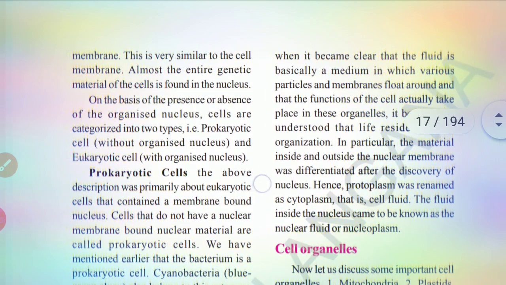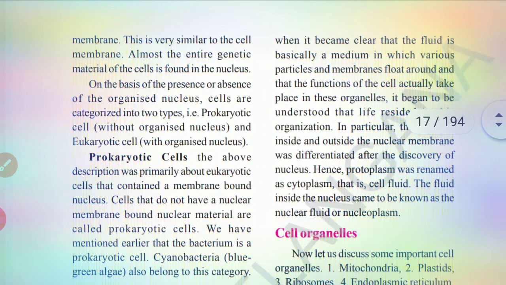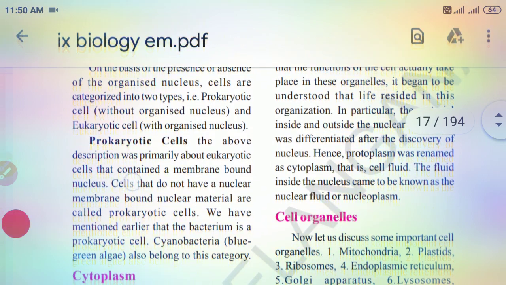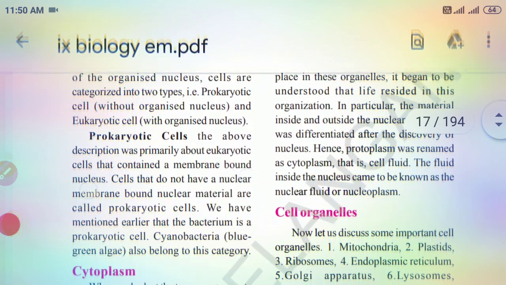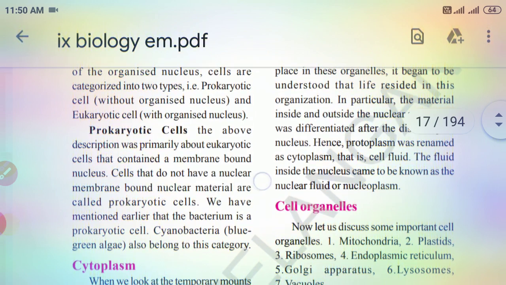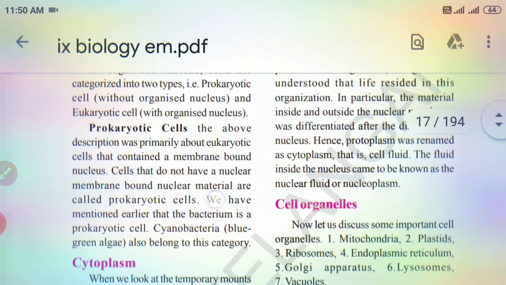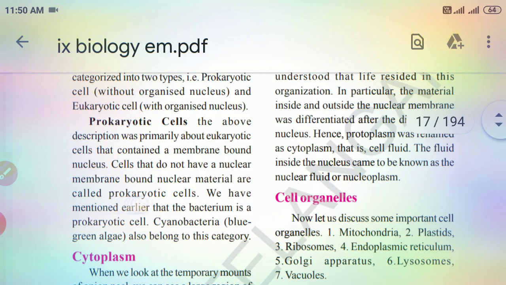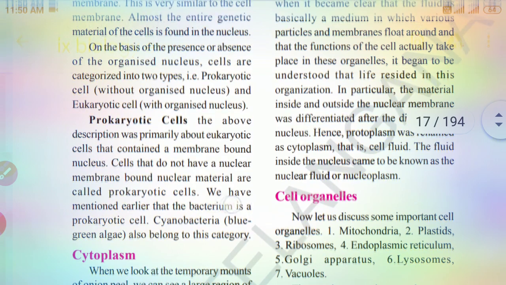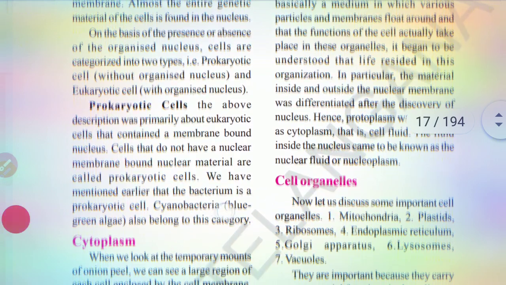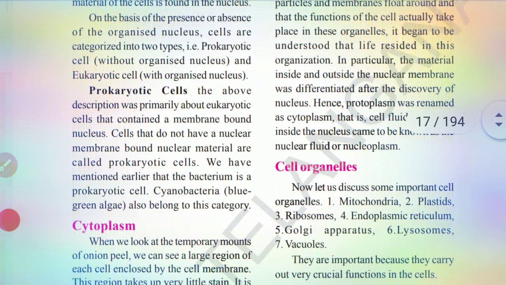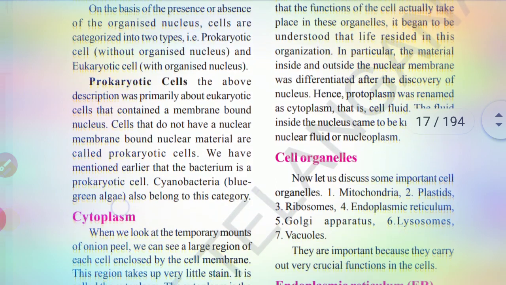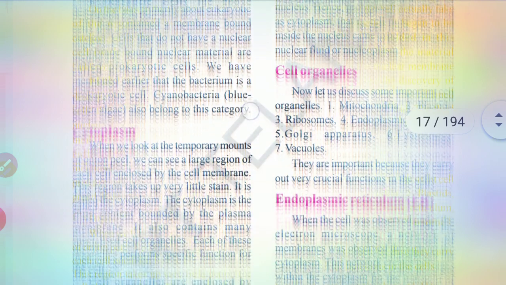Prokaryotic cells: the above description was primarily about eukaryotic cells that contain a membrane-bound nucleus. Cells that do not have membrane-bound nuclear material are called prokaryotic cells. We have mentioned earlier that the bacterium is a prokaryotic cell. Cyanobacteria, blue-green algae also belong to this category.